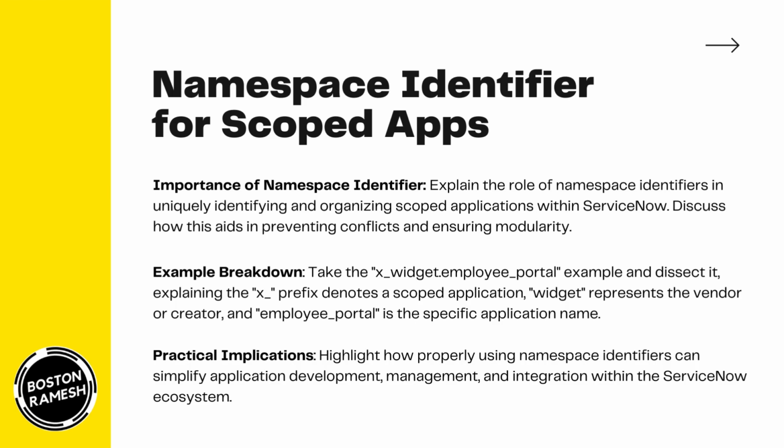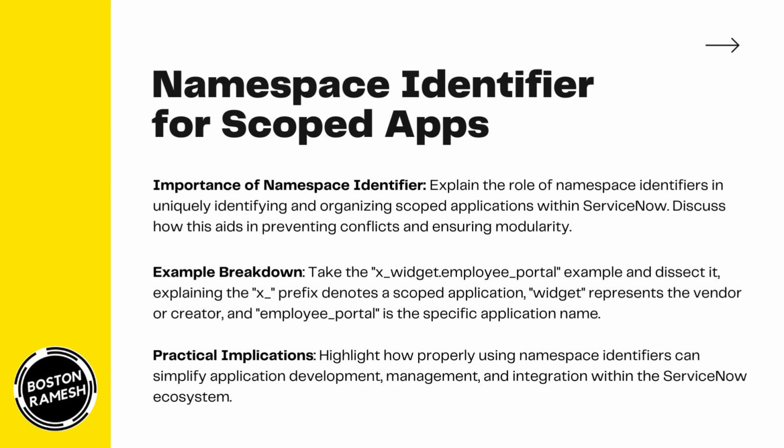These namespace identifiers are essentially a unique naming convention to identify and organize scoped applications in ServiceNow. So why do we need the namespace identifier? These namespace identifiers ensure that each application has a distinct identity so that we can prevent conflicts that might arise from naming duplications, facilitating a modular approach to application development.